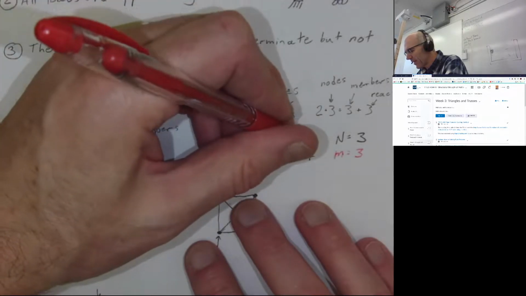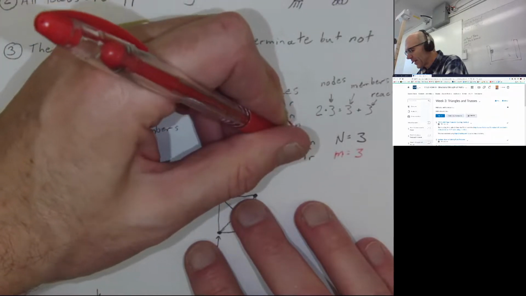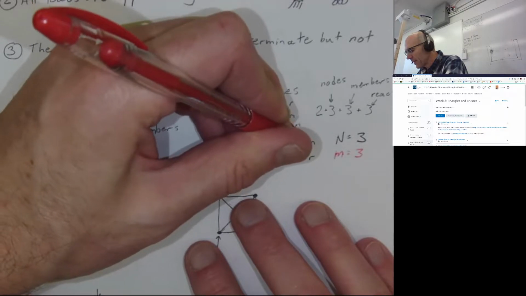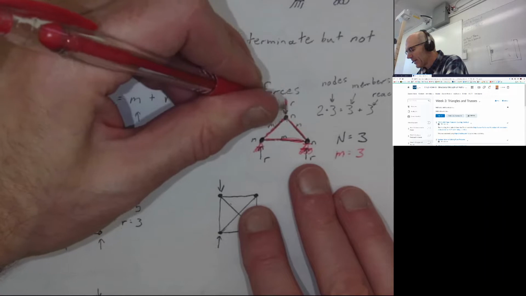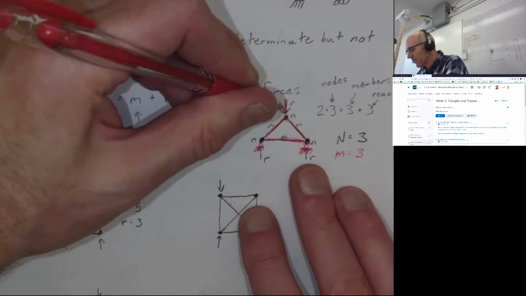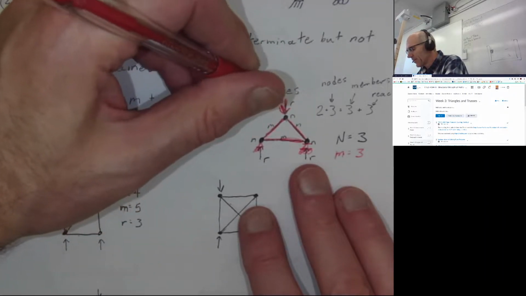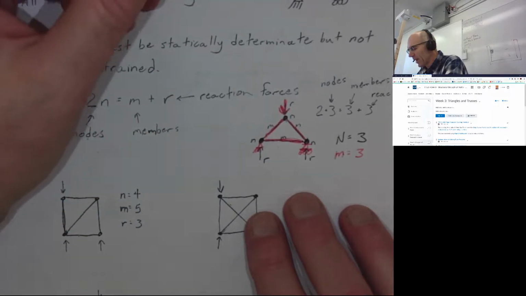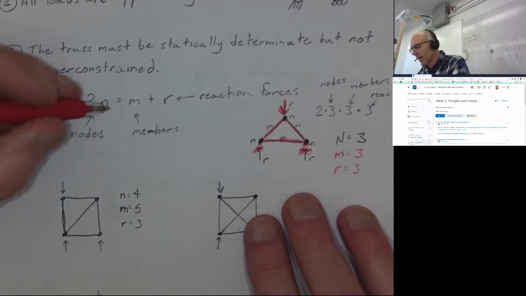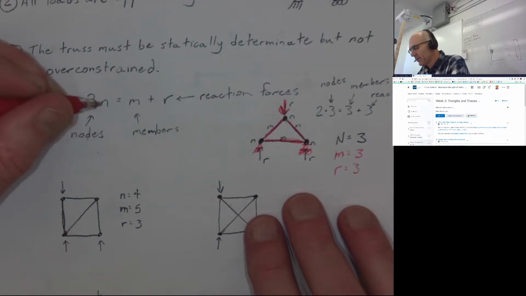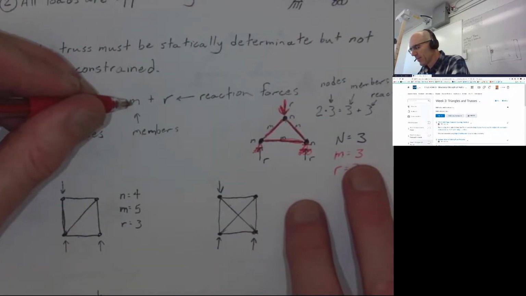It's lifting up that way. Here we've got another reaction force coming up from the ground, holding it secure that way. And here we've got an external force being applied, and that is our load. So our number of reaction forces equals 3. So when I take that and I say 2n, 2 times 3 is 6, equals 3 plus 3.